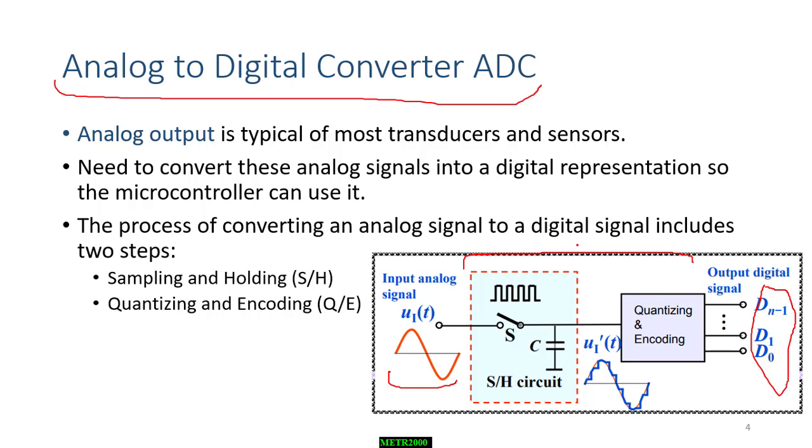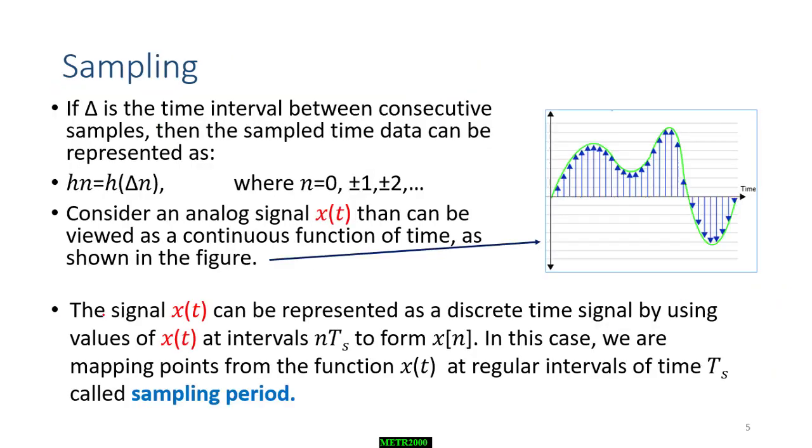How do we change an analog signal into a digital signal? We need to convert these analog signals into digital representations so the microcontroller can use them. The process of converting analog to digital includes two steps: sampling and holding, then quantization and encoding.